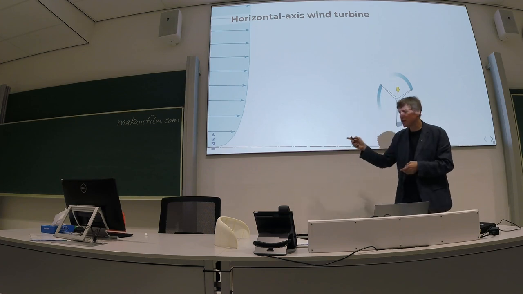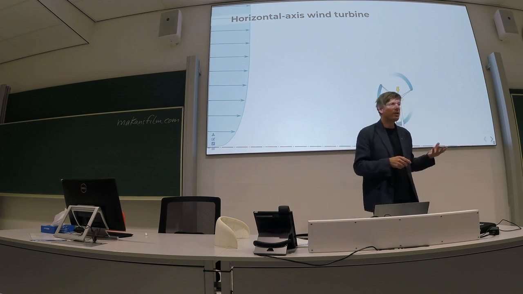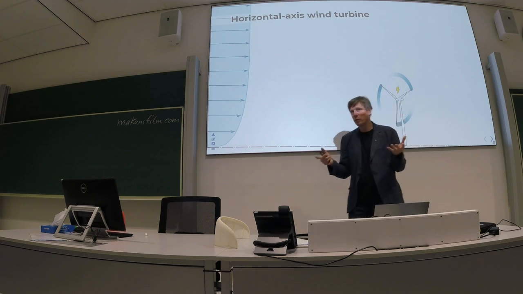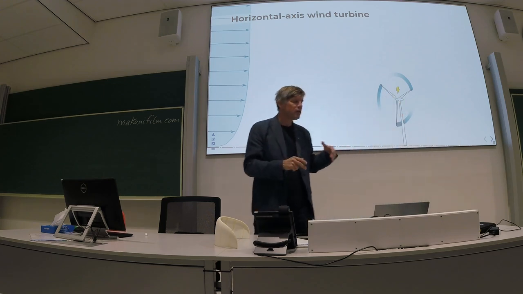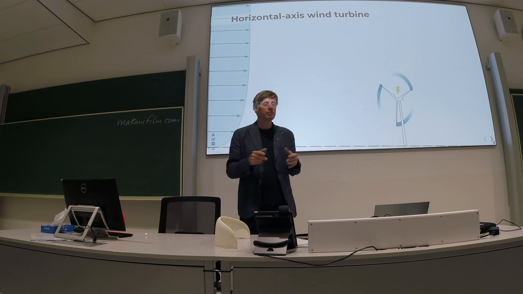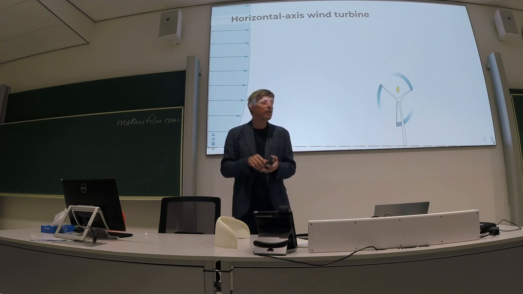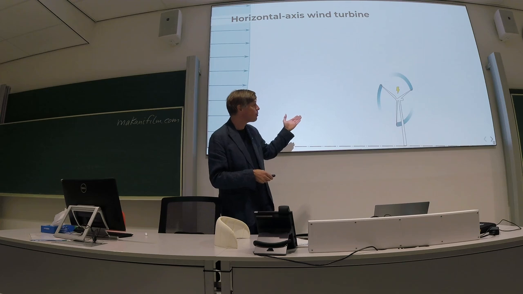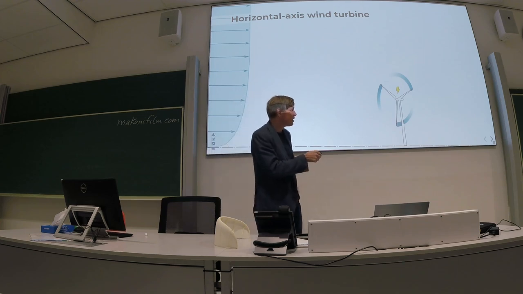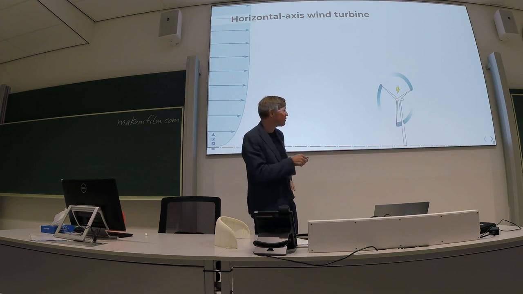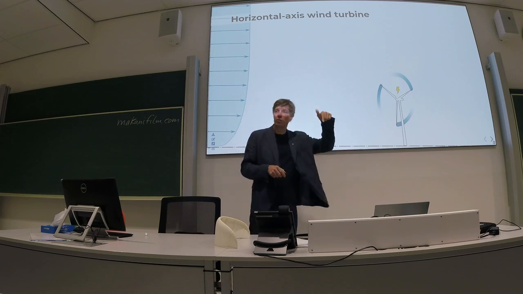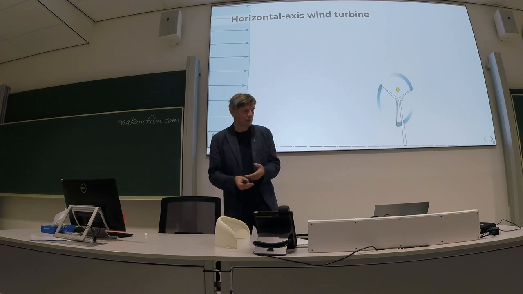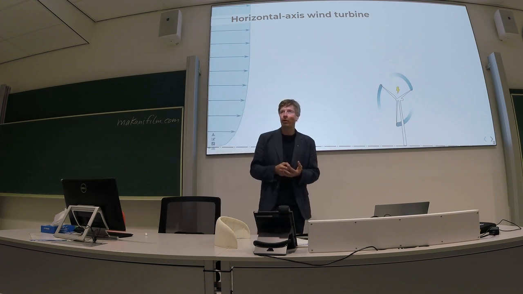But with this wind, the turbine can generate energy, and the conventional wind energy, you all know that, has rotor blades. These rotor blades move in the flow, actually perpendicular to the incoming wind, ideally. You have a generator here on the hub of a tower, and by the rotation of these blades, the generator produces energy, goes down the tower into the grid. That's how a horizontal wind turbine works.